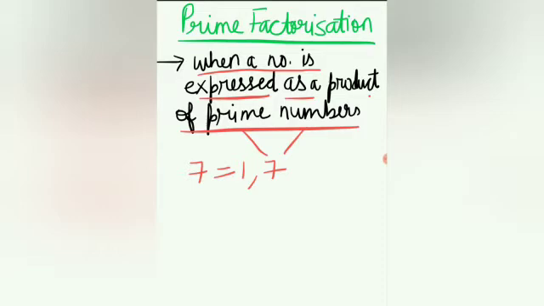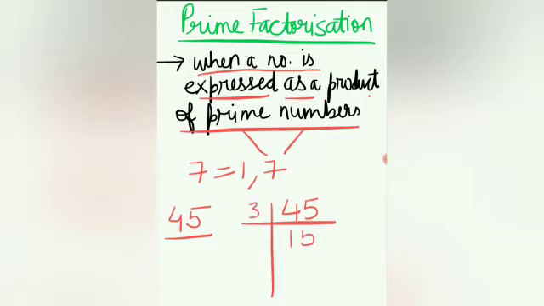Let's take an example: we have to find the prime factors of 45. We write it this way, and first of all, always use the smallest prime number. You know that the smallest prime number is 2. With the 2 table we can't do it, so we take the 3 table. 3 ones are 3 and 3 fives are 15.